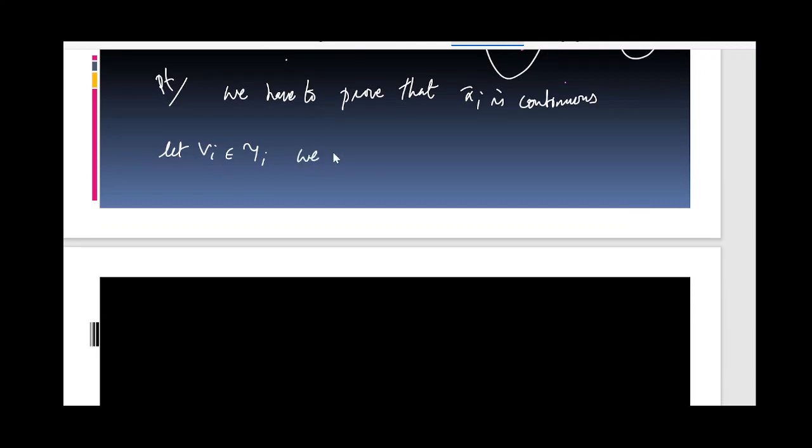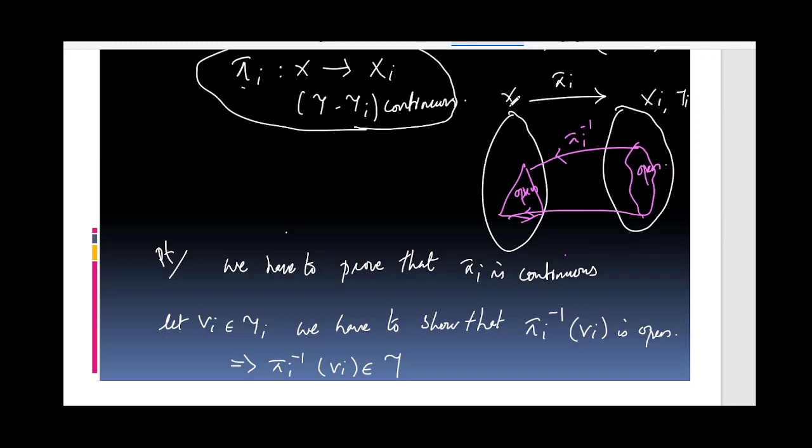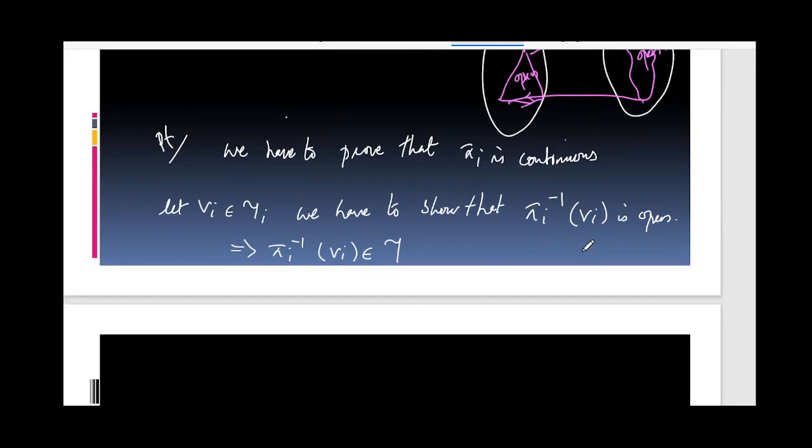We have to show that pi i inverse of Vi is open, which implies pi i inverse of Vi belongs to tau, the topology on X. So I should find that the inverse image of an open set belongs to the topology.